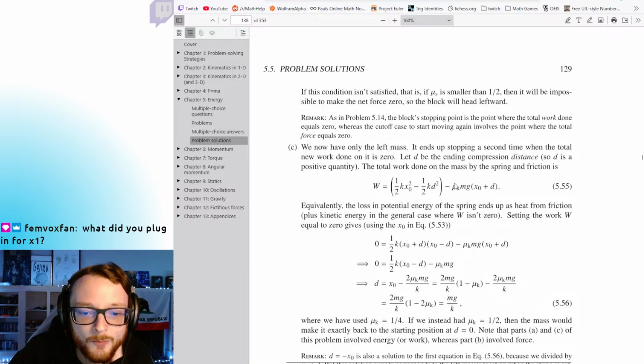It's just my friction term that's wrong, I think. No. Where is D measured from?